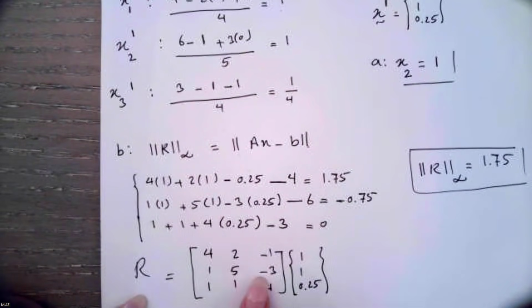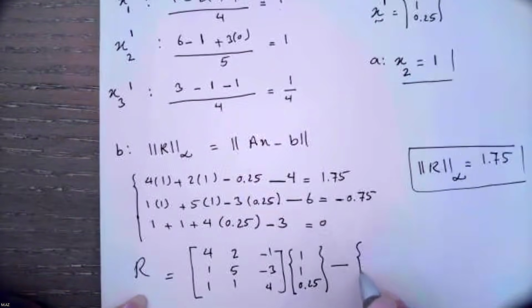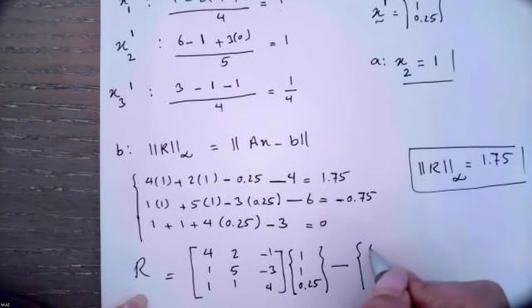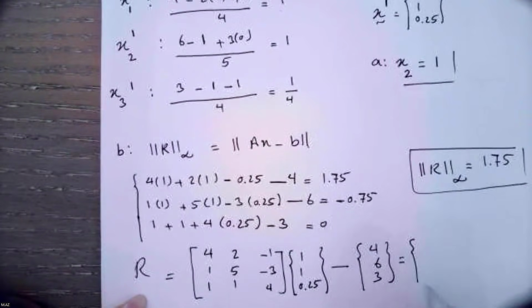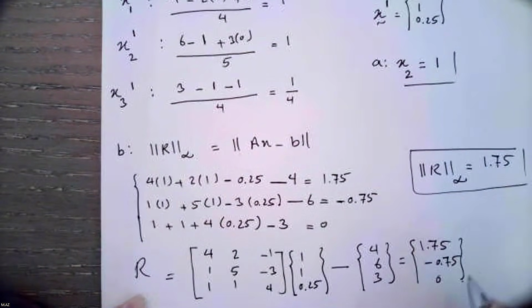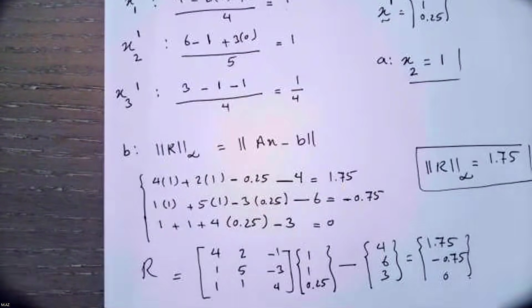Pre-multiply this matrix of coefficients by the answer minus b. We will get the same answer, and then we pick the maximum value.